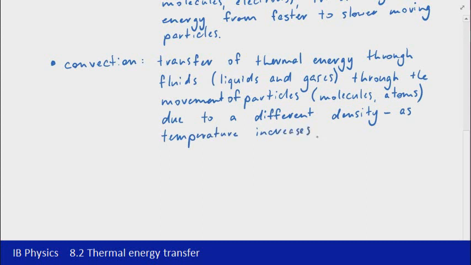And that basically means that anything that has higher internal energy is going to have a lower density, so it will sort of rise. So hot air rises is a great example of where, as temperature increases, density decreases.